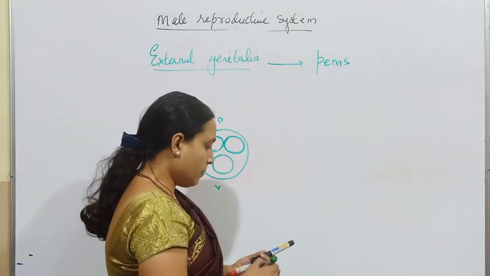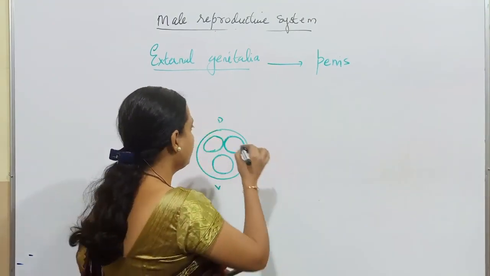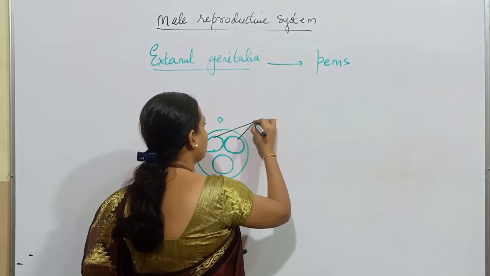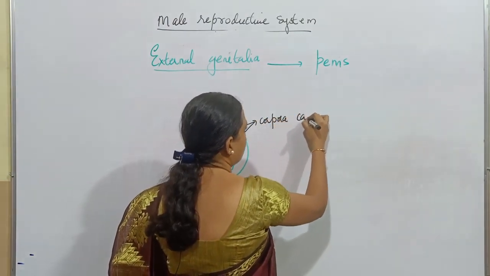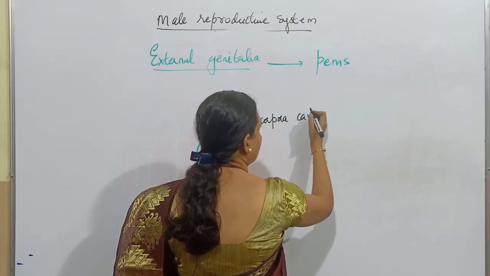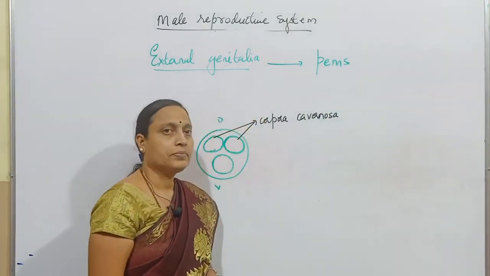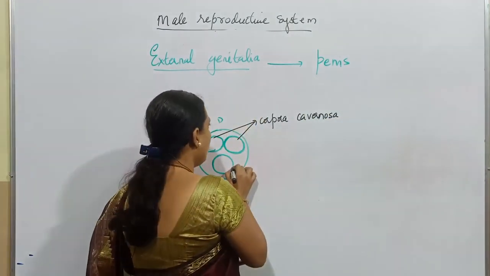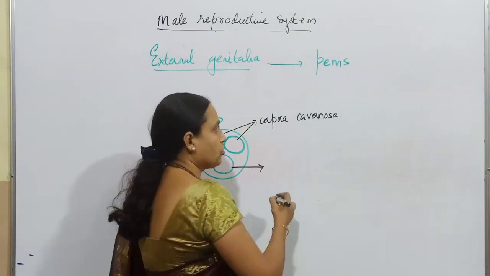The two on the dorsal side are called corpora cavernosa, and the one below is called corpus spongiosum.